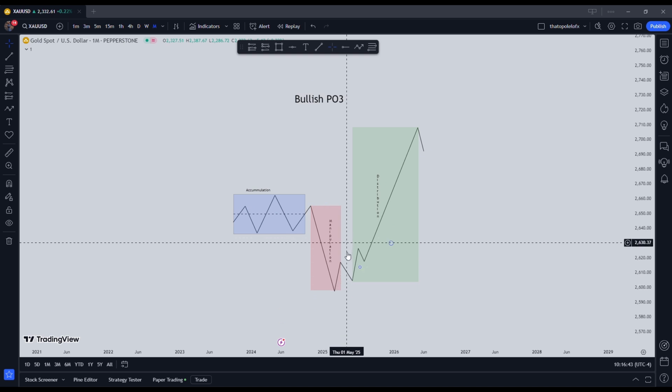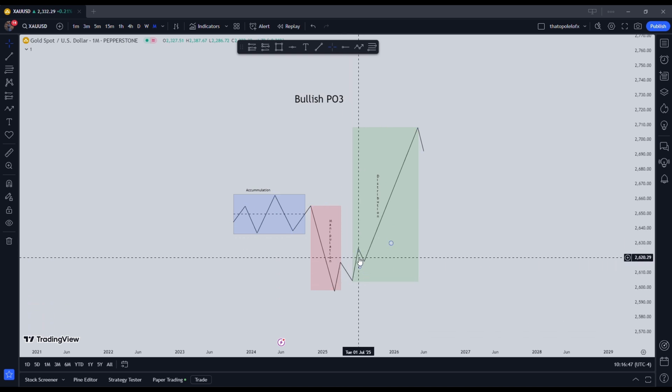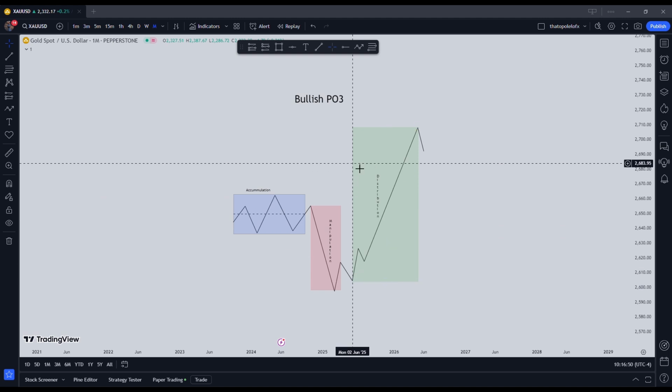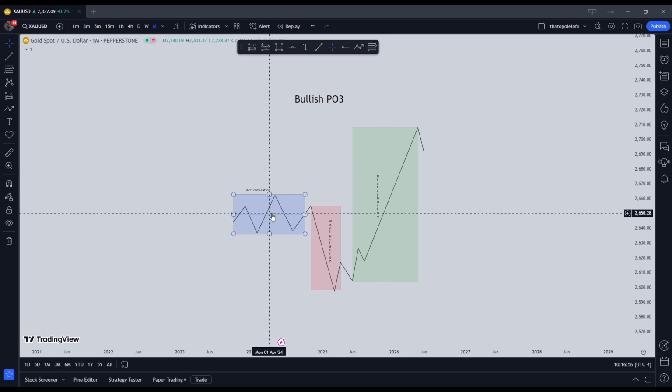Hence why we call this area manipulation. And then distribution starts when we have the most expansion of the day, of the week, or of the trading session, because this can be in terms of a day, of a week, of a month, really.